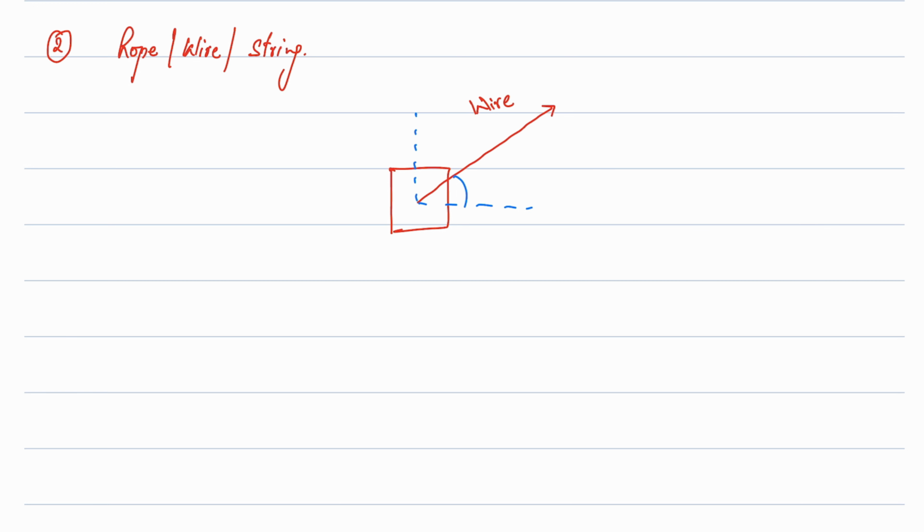A simple angle, let's say this is theta. This is the word called tension. This is also a force, but the name is different: tension. So you will get two components. This is Fx, which equals tension cosine theta, and here you will get Fy, which equals tension sine of theta. Is it clear?